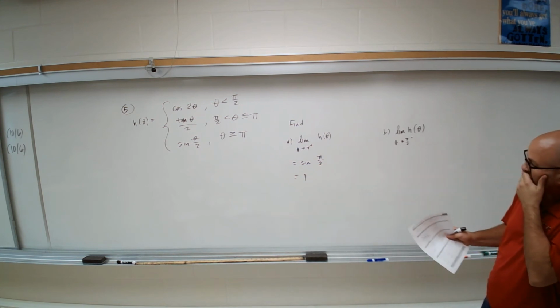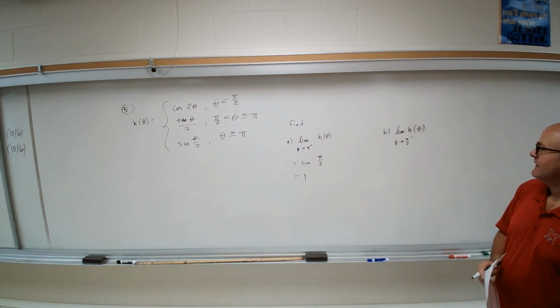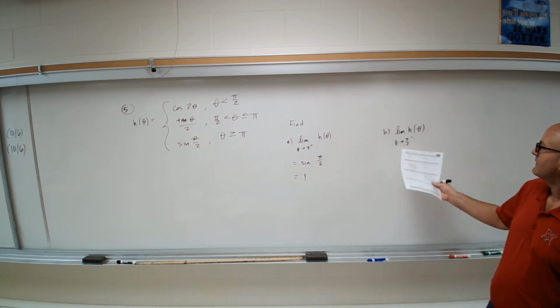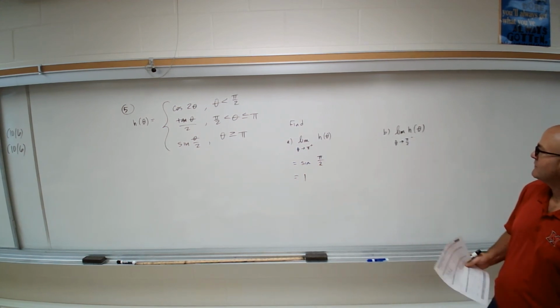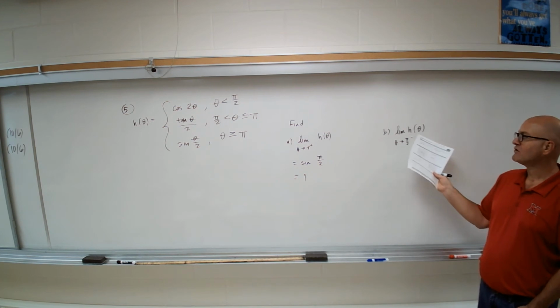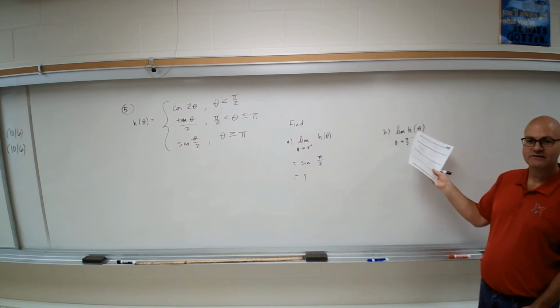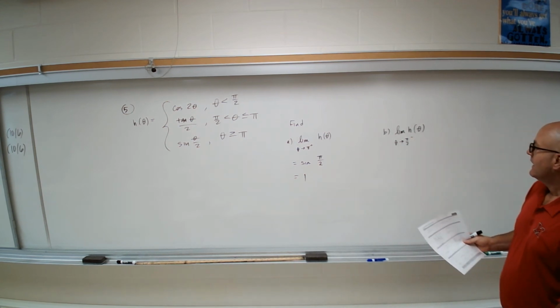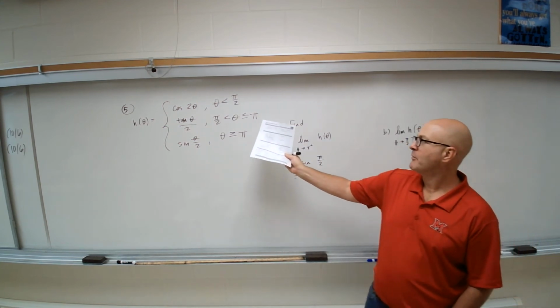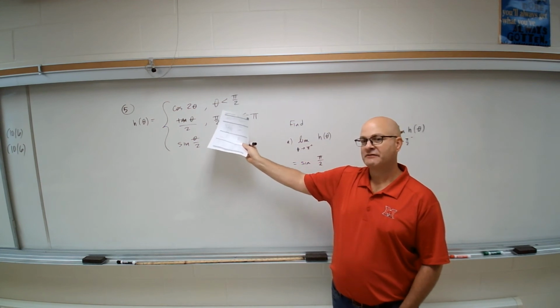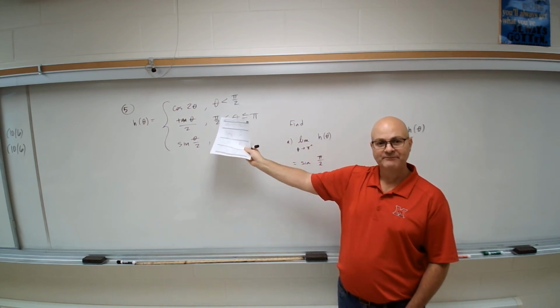Here for B we have the limit of h of theta as theta approaches pi over 2 from the left. On the worksheet, this is an x, and it should be a theta. I overlooked that. With this one, if we look at pi over 2, we see that it's the border where the function changes, one of those points, right?